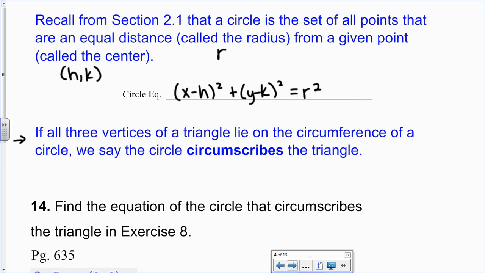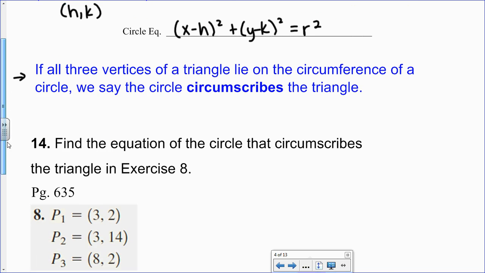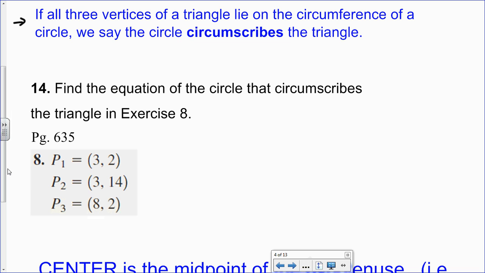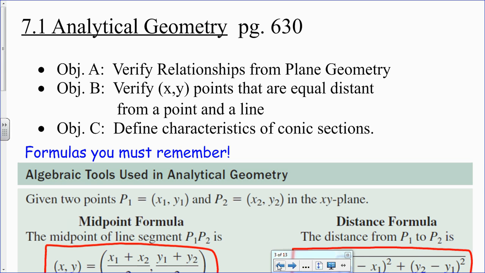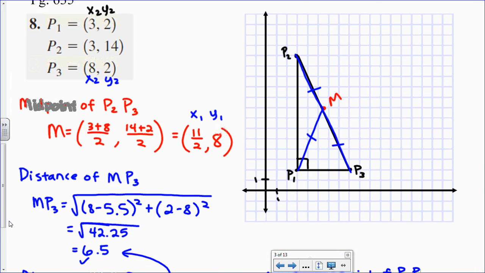Okay, so if we go back to our triangle on exercise 8, I want to write the equation of a circle that would circumscribe that triangle. So let's go back and look at our picture. I want all three vertices to be on my circle.